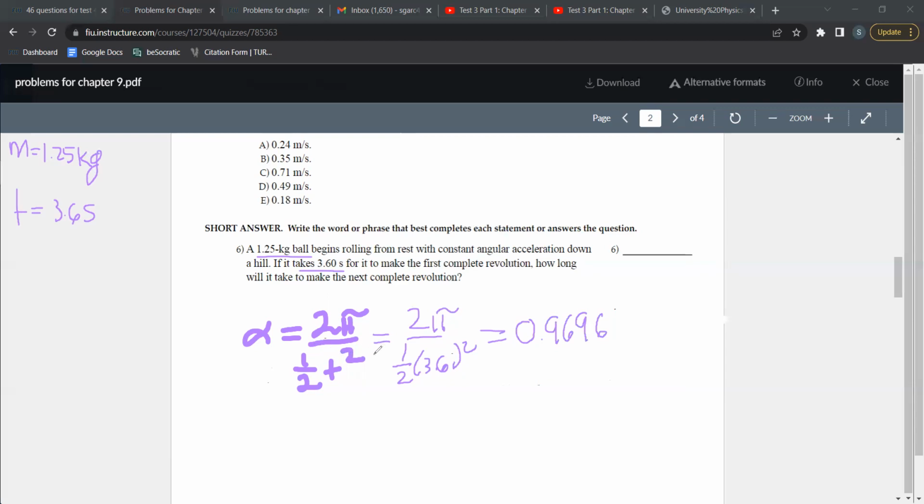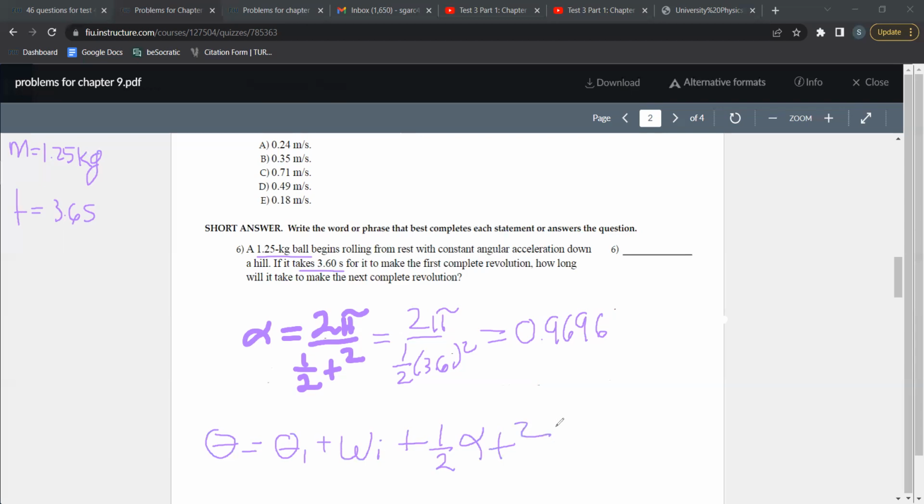We take an equation that relates our original time to our initial angle and our secondary angle. I will set it up like so: angle is equal to angle initial plus velocity initial times t plus 1/2 of alpha t squared.